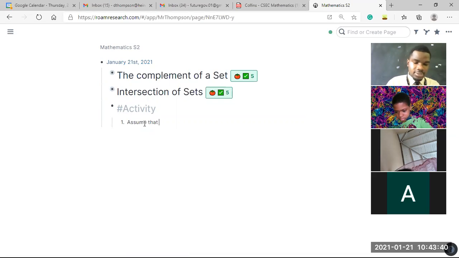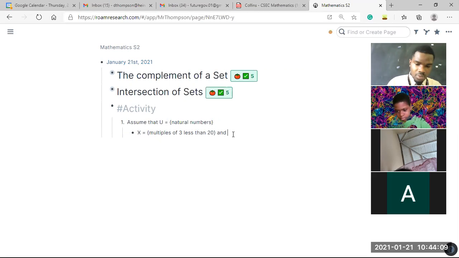Assume that U is the set of natural numbers. So the universal set is the set of all natural numbers. All right? X is the set of multiples of 3 less than 20, right?